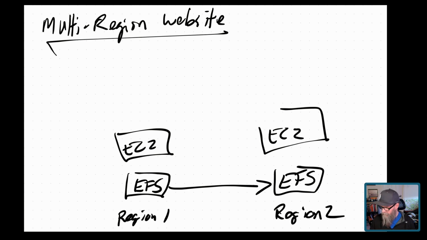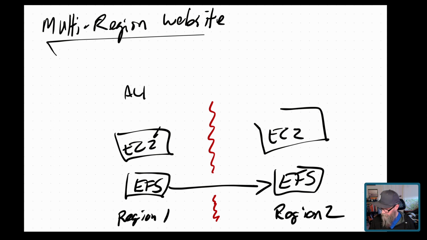And then, like we've done before, in front of our EC2 instances, we will put a load balancer. Actually, sorry, no, it'll be like this. We're talking multi-region here. So in region 1, if we just draw the squiggly line to separate the regions, we'll have identical infrastructure in both regions.